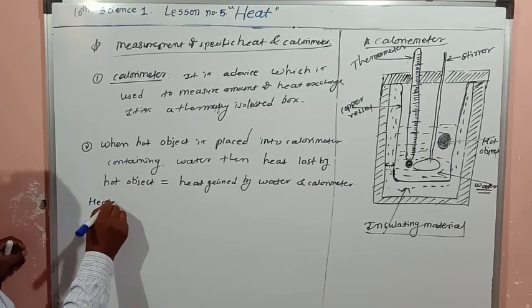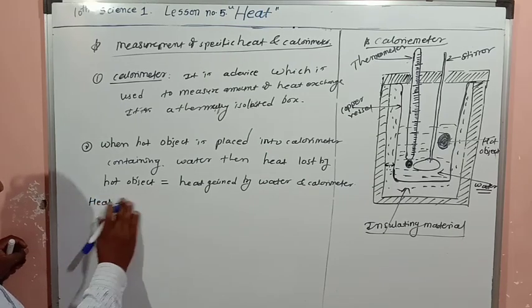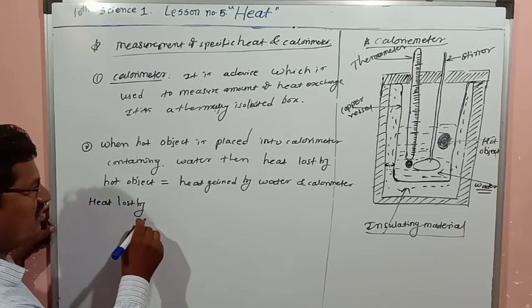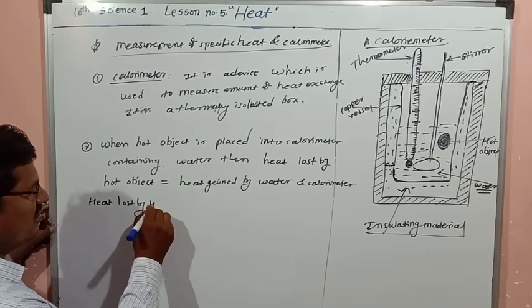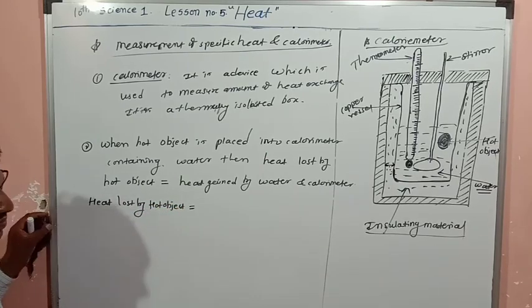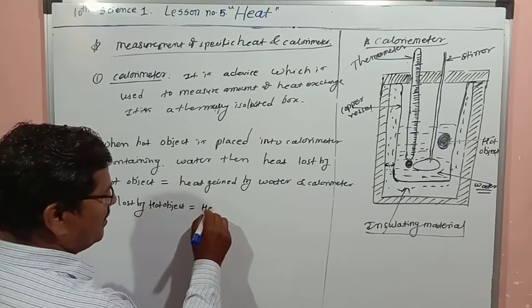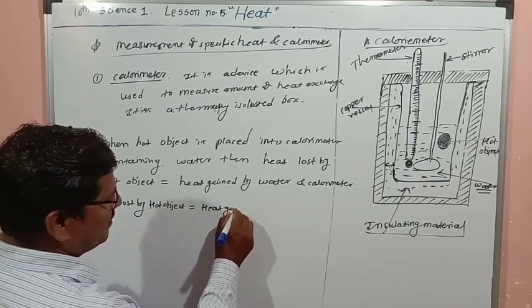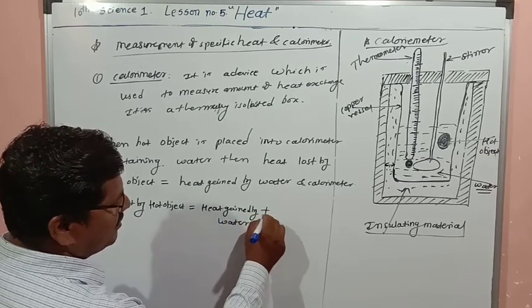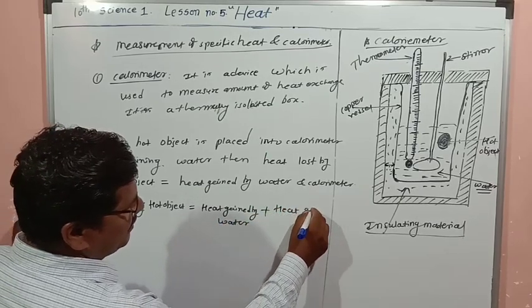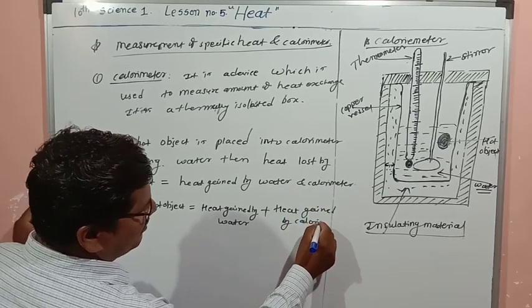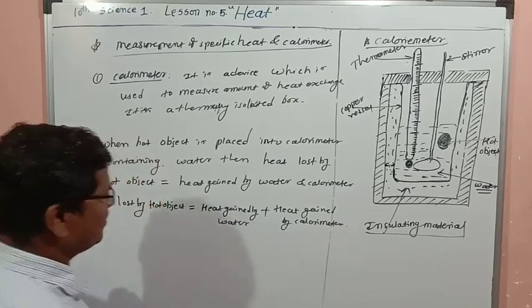heat lost by hot object is equal to heat gained by water plus heat gained by calorimeter, copper vessel.